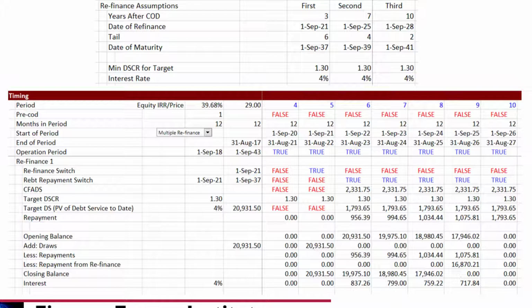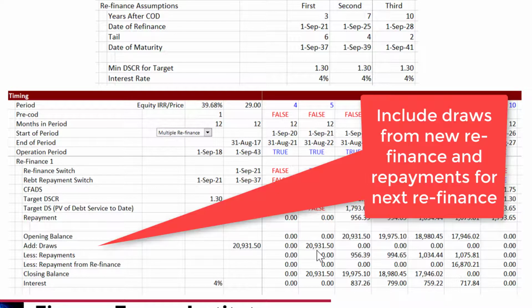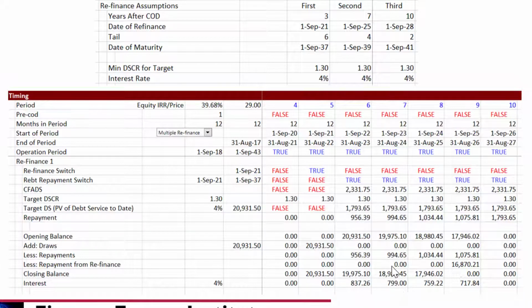And then we have the opening balance, and look, we have repayment from the last time we refinanced. So this one stops when you refinance the next one, and it gets drawn when we refinance the last one. So we put a draw and an end term, and then the closing balance is the opening balance minus plus whatever. And we have an interest rate.